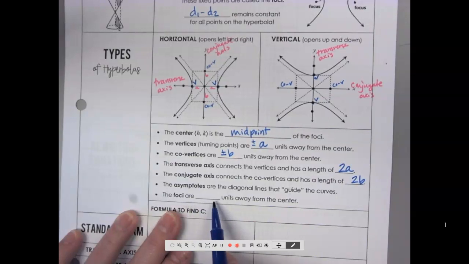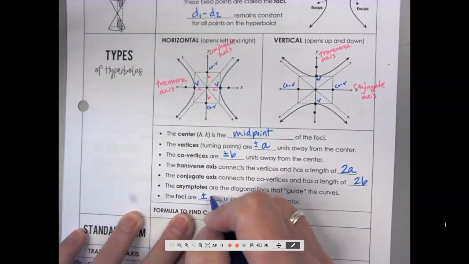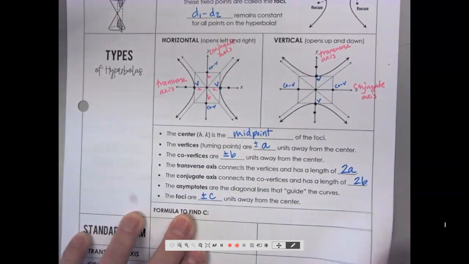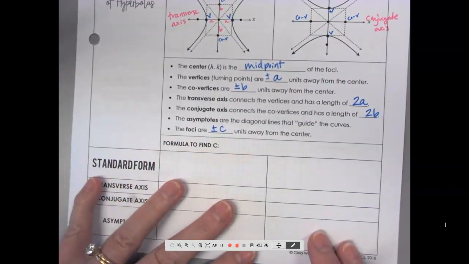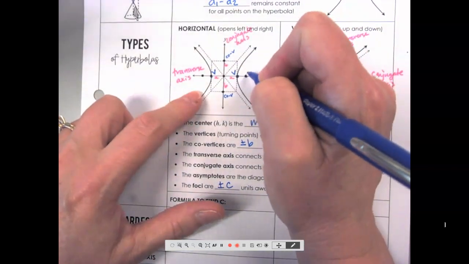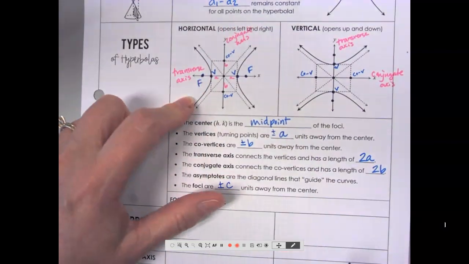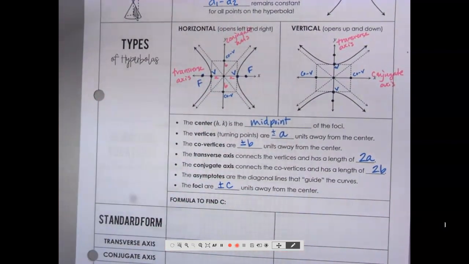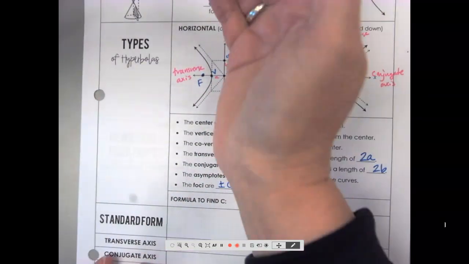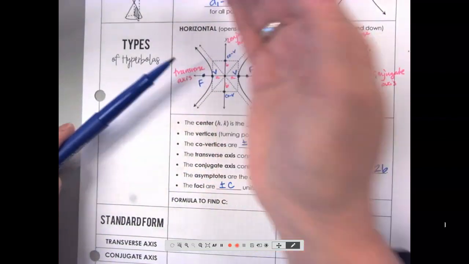The foci are C units away, left and right or up and down, so I'll say plus or minus C units from the center. Now on our graph, the foci are here and here. So notice that they are inside the curves. If I'm thinking of that as kind of like a parabolic curve, the focus is inside of it.